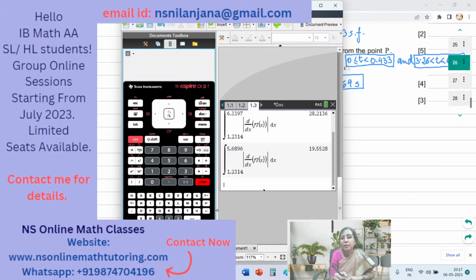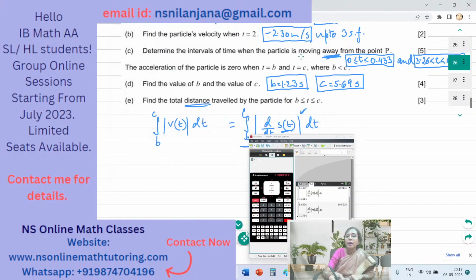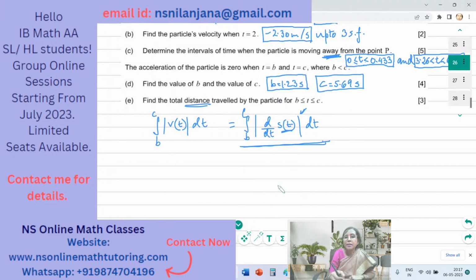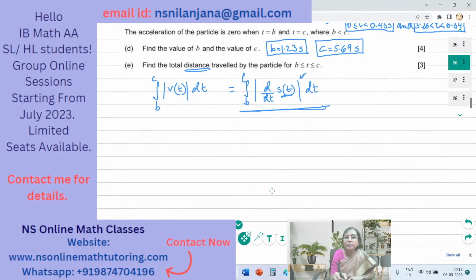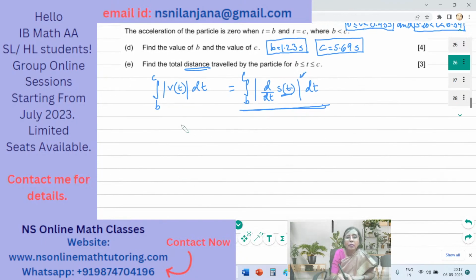Right. 19.6, up to 3 significant figures. So this is equal to, let me write it, between 1.3 and 5.69.